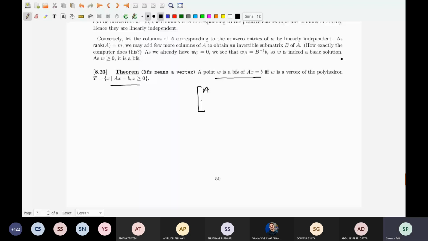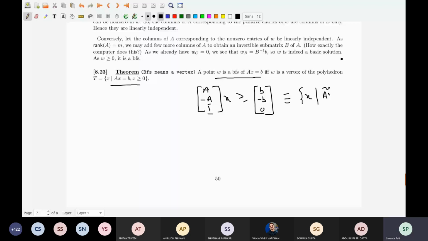So the first two will amount to x equal to b, and the third one will amount to x greater than or equal to 0.